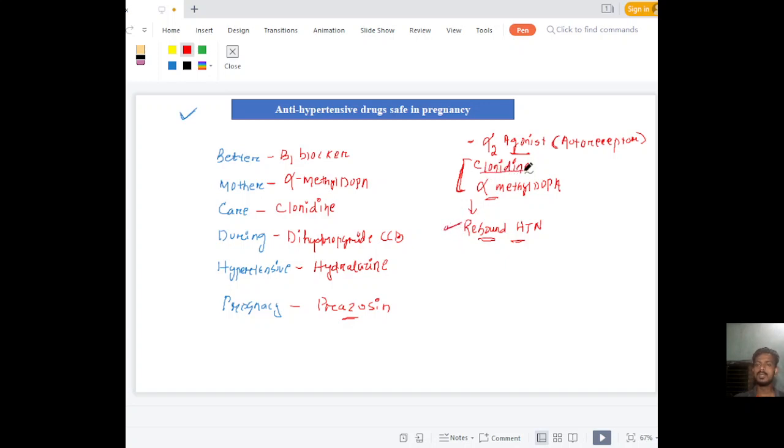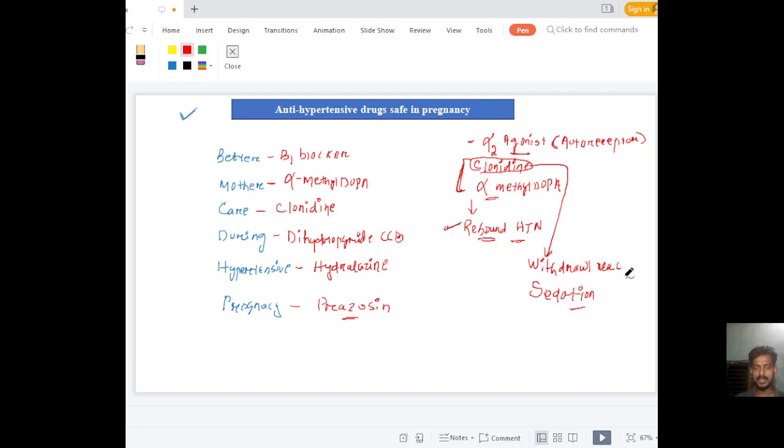In relation to this, if we talk in detail about clonidine, clonidine is associated with a withdrawal reaction, and due to its action on alpha 2 receptors, sedation is one of the important problems. So you will find sedation as a typical side effect associated with this class of drugs.